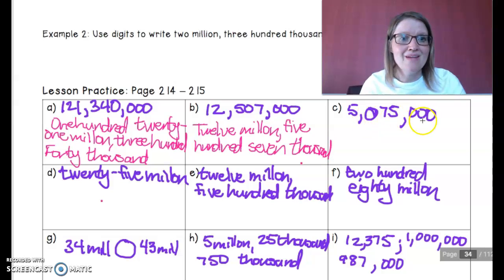Okay, now our next one. Whew. Thank goodness our numbers are getting a little teeny bit smaller. Once more, we know that this is our ones, tens, hundreds. Then these are the thousands. This is the million.